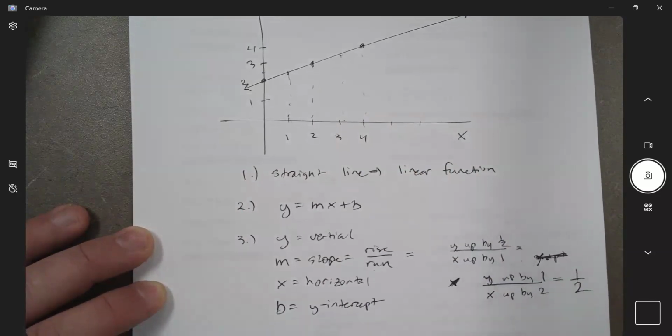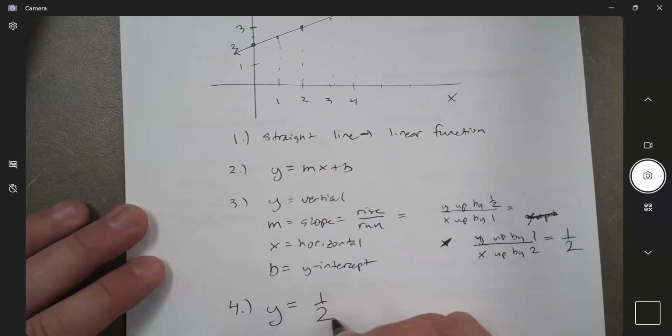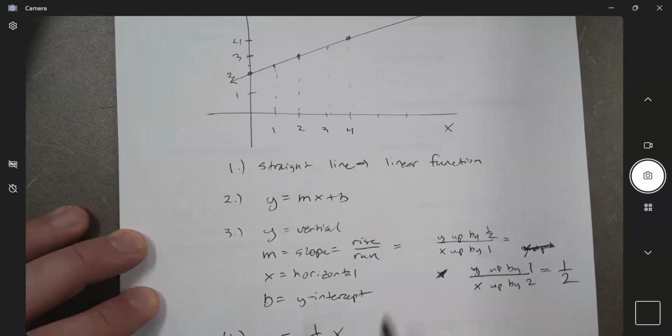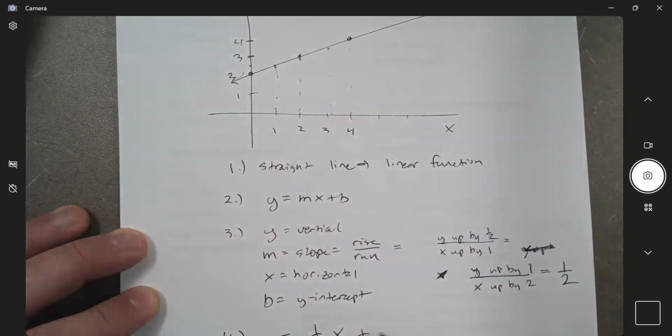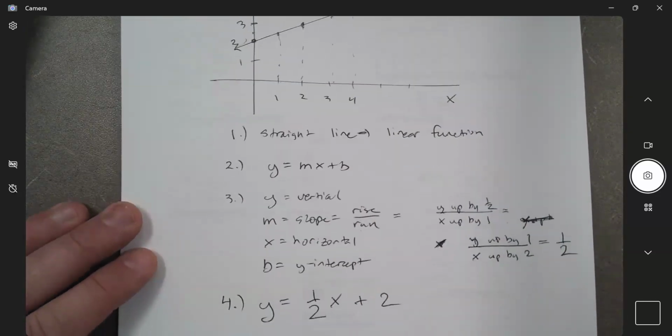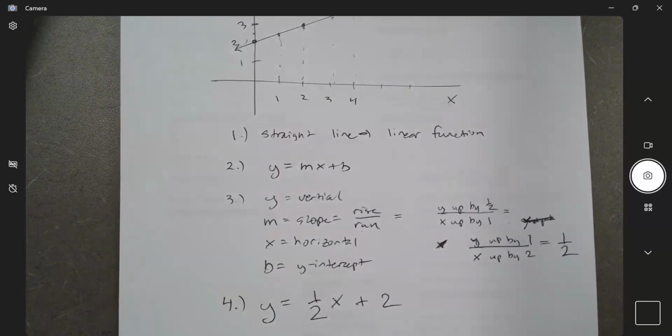So the rise over run is 1/2. M is 1/2. Then for b, you just look where it crosses the y-axis, which is 2. And that's how you go from a graph to an equation.